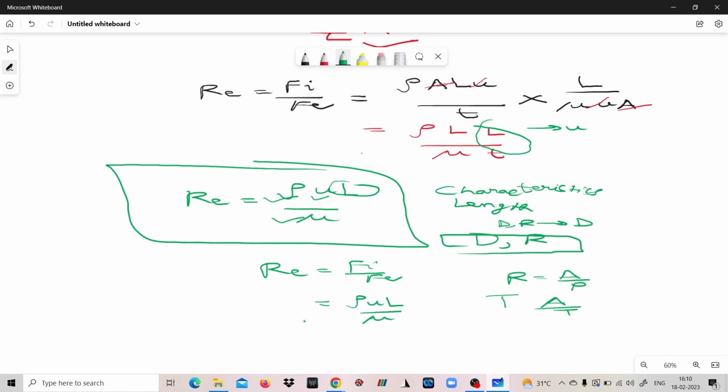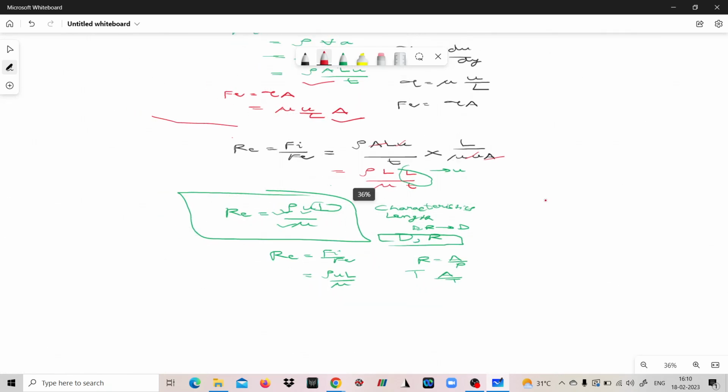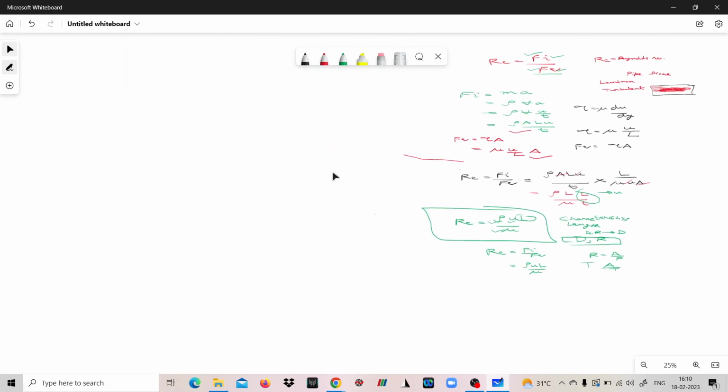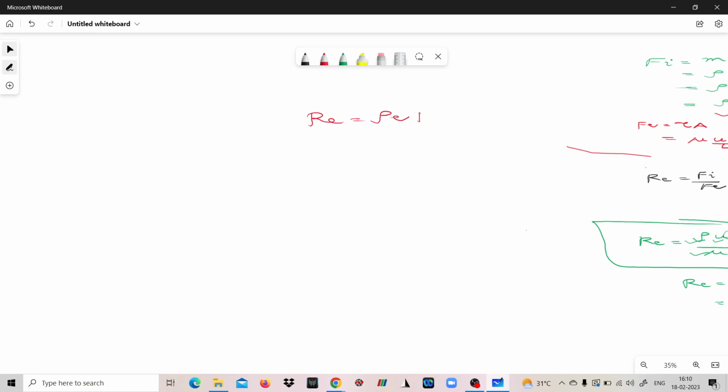And in case of pipe flow, this Reynolds number can be written as rho v d by mu, where v is the average cross-sectional velocity at a particular pipe section, and d is the diameter of the pipe.